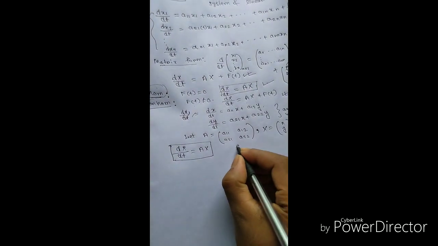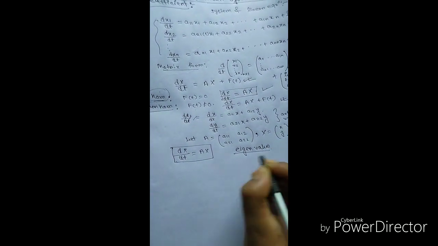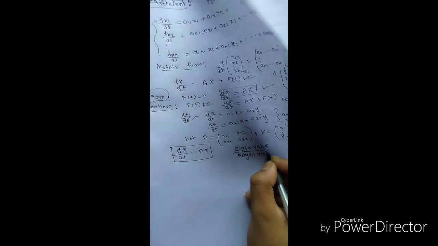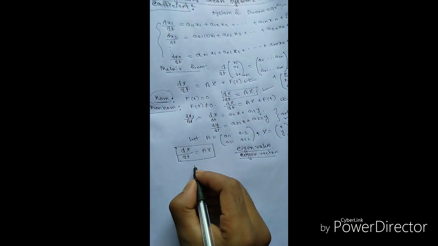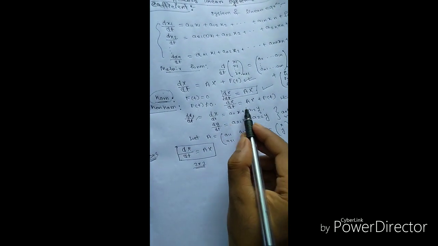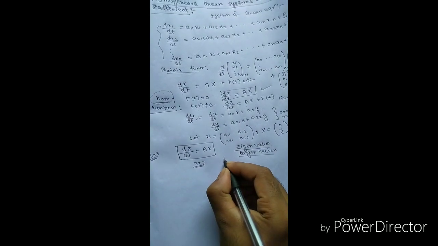And how to solve this system? By the eigenvalue and eigenvector method. This is a 2 cross 2 matrix; one can also take a 3 cross 3 matrix. For simplicity we take this. Find the eigenvalues of matrix A.